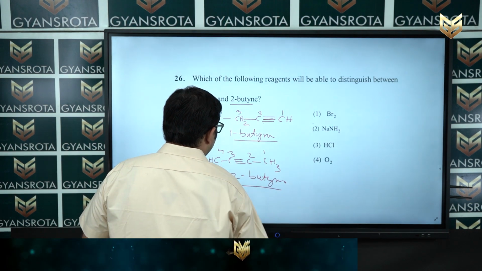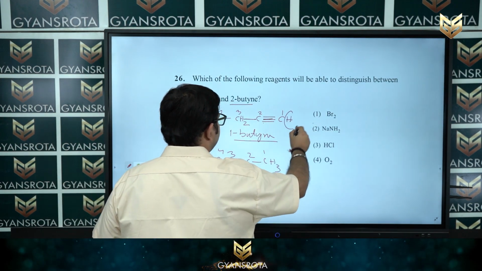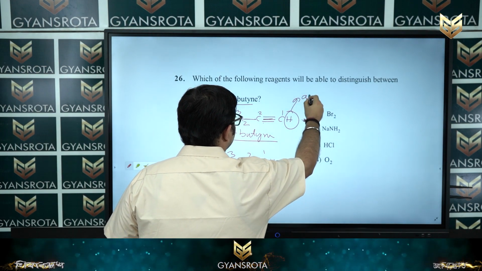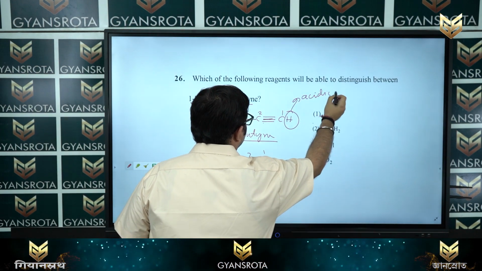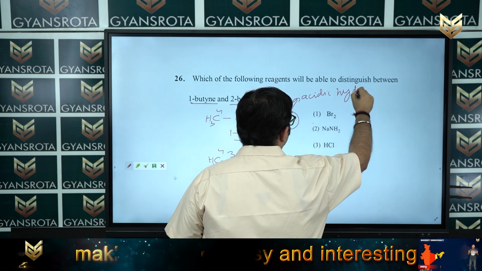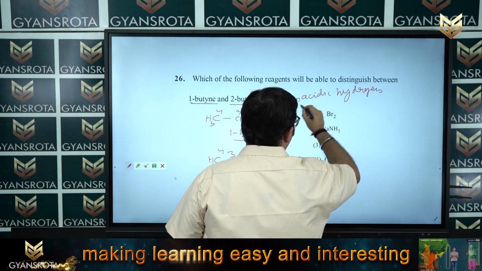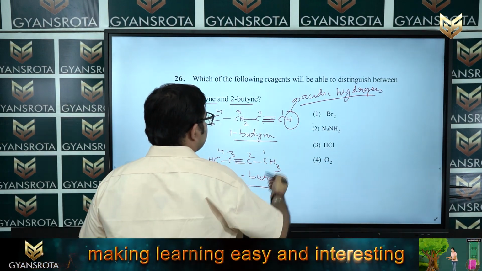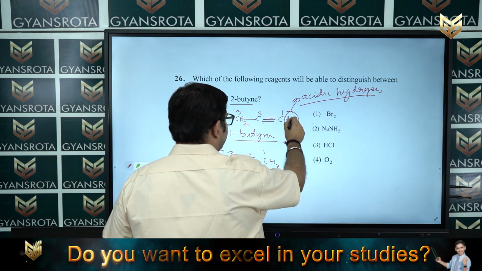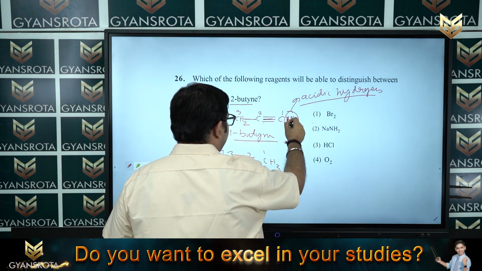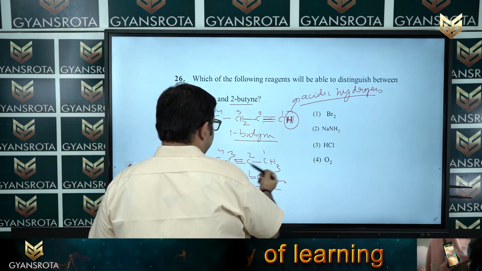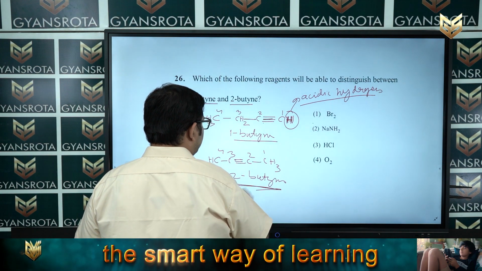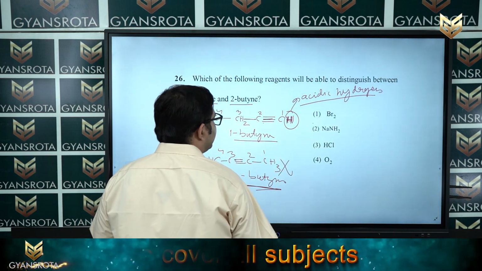Now in 1-butyne we have this acidic hydrogen. If I use any strong base, this proton will be easily abstracted by the base. But in 2-butyne we do not have any acidic hydrogen.